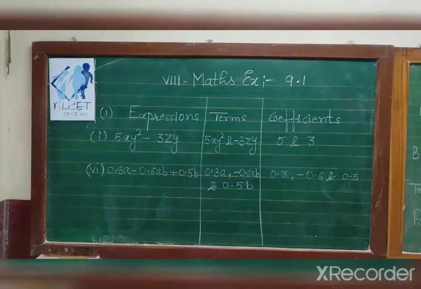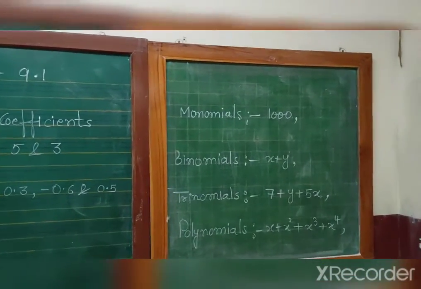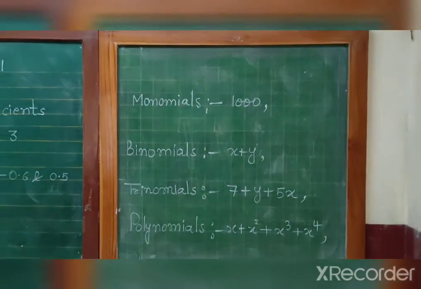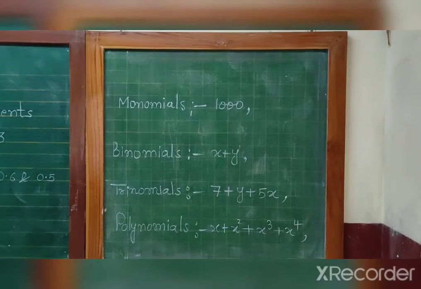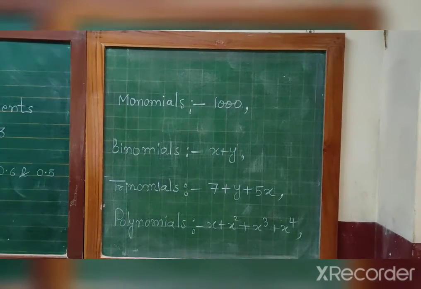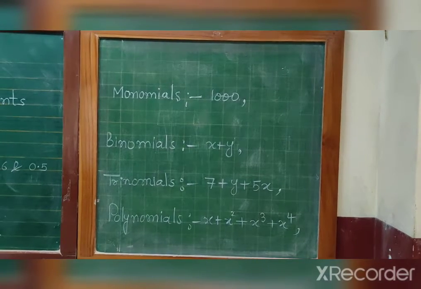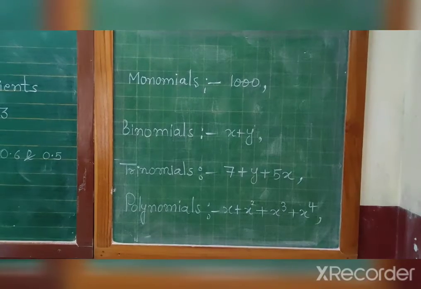Now in the second question we have to identify monomials. Many expressions are given and from them we have to find monomials, binomials, trinomials, and those that do not fit in the category of trinomials. More than 3 terms we will put in the category of polynomials.